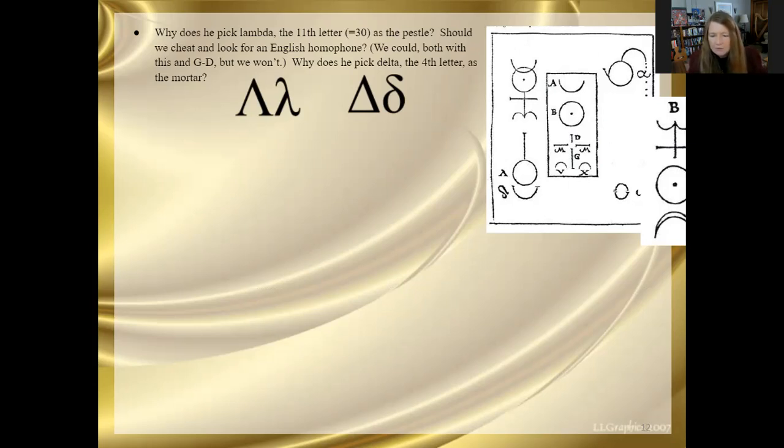But let's just cheat, since we know what he's describing is some process for going up the middle pillar of the tree. What if we say he picked lambda because of the Lamb of God, like the Pearl Maiden talks about, or Agnus Dei, Jesus as the Lamb of God.